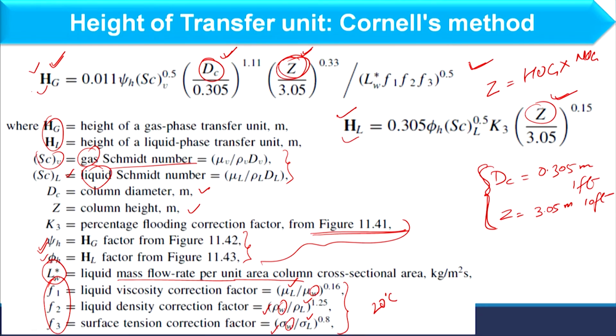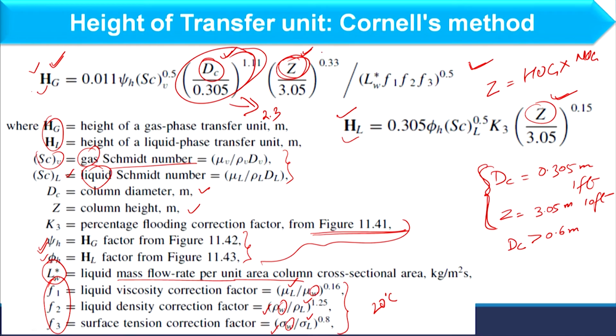What you have to do further is, if your column diameter is more than 0.6 meter, the whole expression should be replaced by 2 by 3. Whole expression means this power factor also, so you can replace it by 2 by 3.